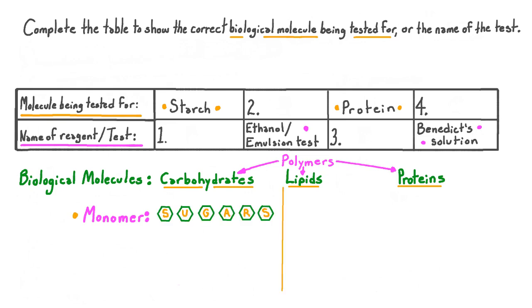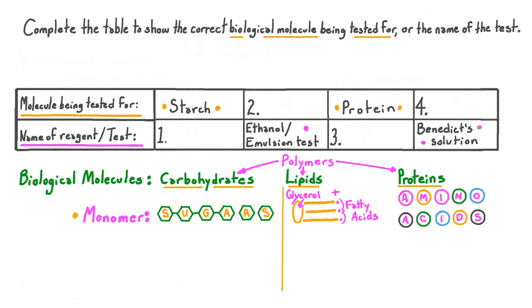The monomers that bond together to form larger carbohydrates are called sugars, but sugars can be standalone carbohydrates by themselves as well. The monomers of lipids that we'll consider here are the glycerol and fatty acids found in fats, which are a type of lipid. And the monomer units that bond together to form proteins are called amino acids.